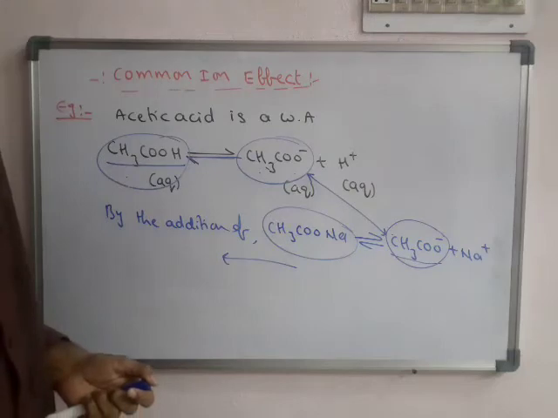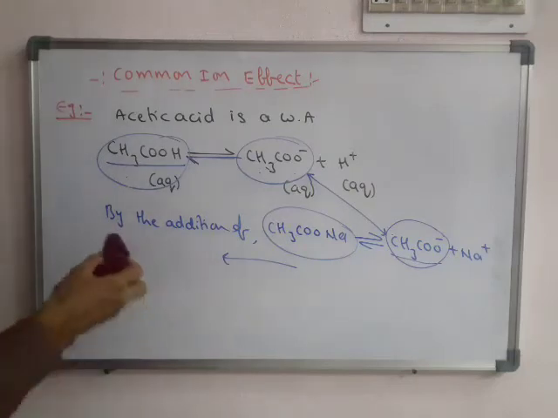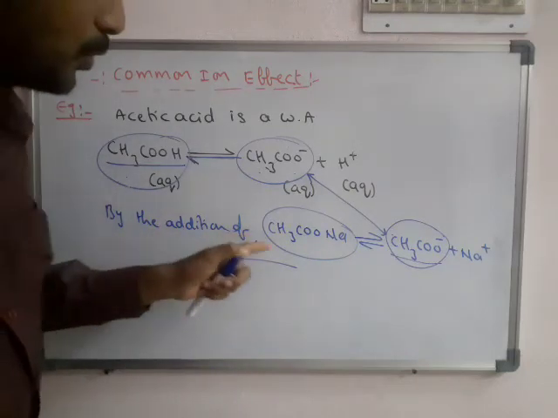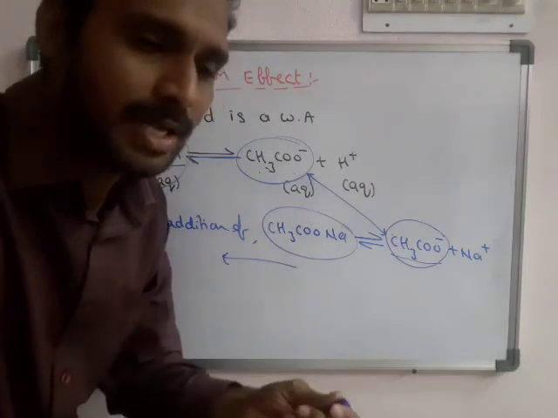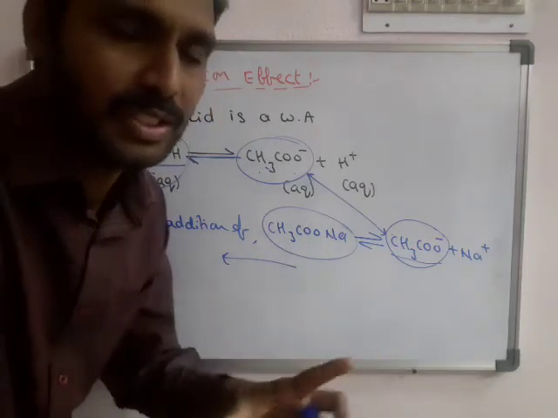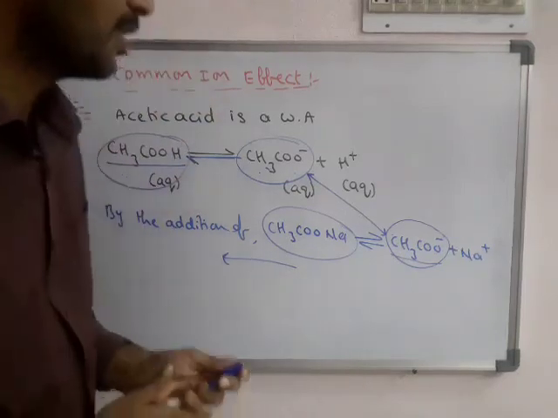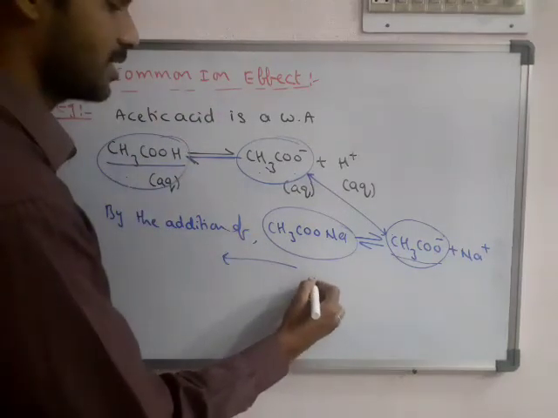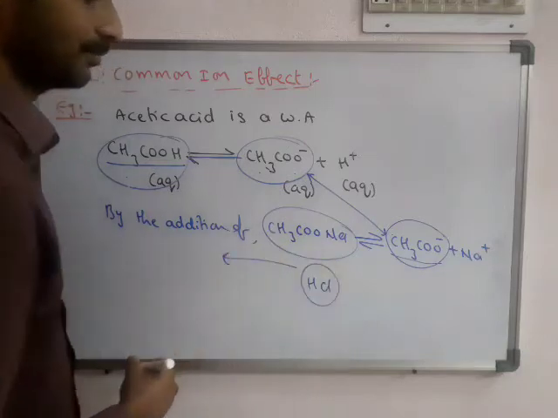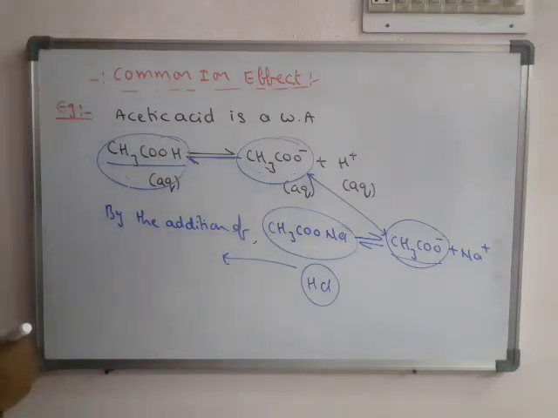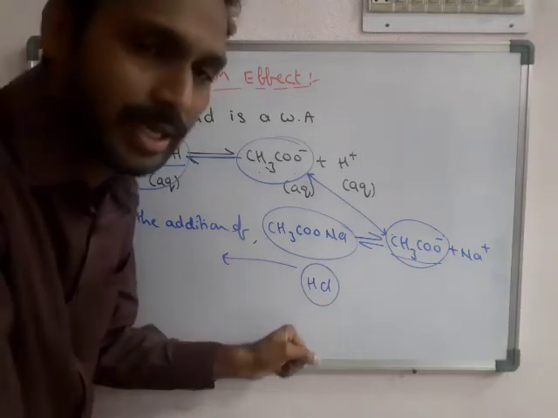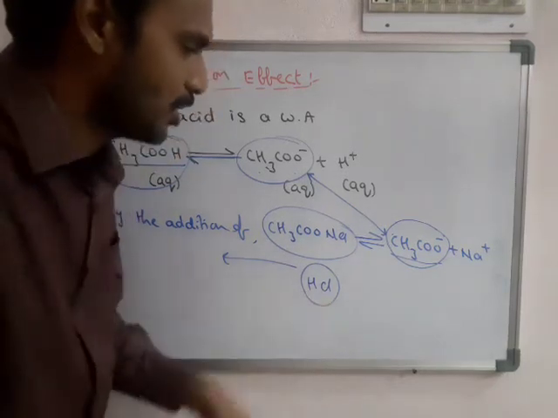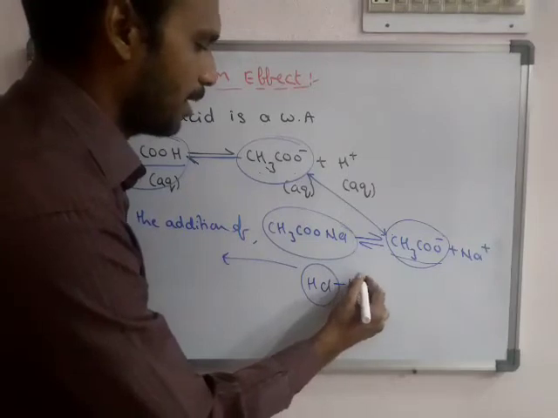Now the same example: suppose you add not only acetate ion but a strong acid. For example, if you take HCl and add it, what is the common ion in it? The common ion is H plus. H plus and Cl minus are present, so H plus is the common ion.